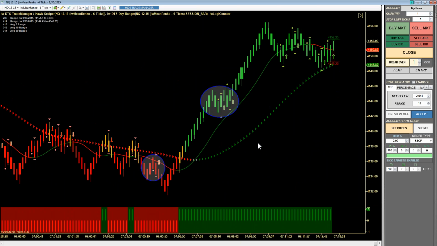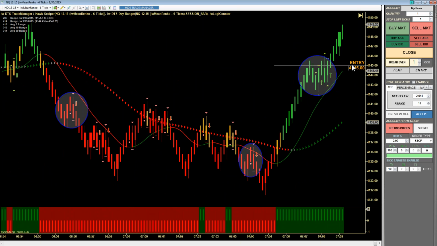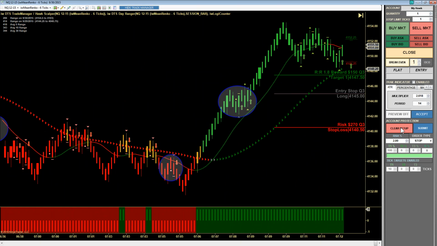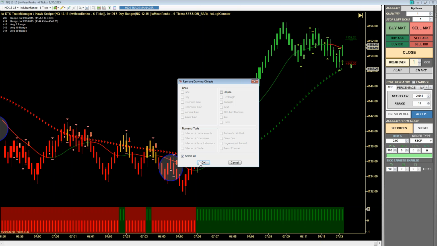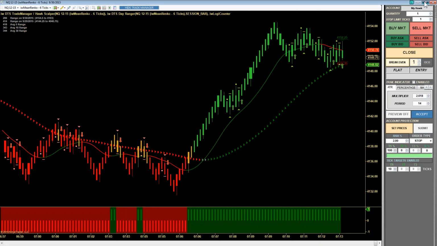And if you were running, say, 2 contracts on each, depending of course on your account size, if you were running between 2 or 3 contracts, you'd be up anywhere from $500 to $750 already. That's not bad for almost an hour's work. And like I say, very, very high probability signal.